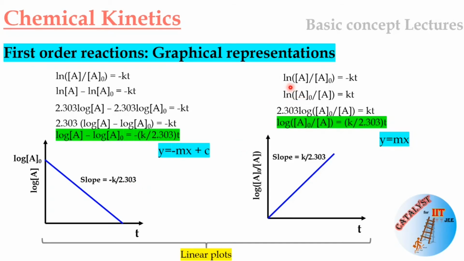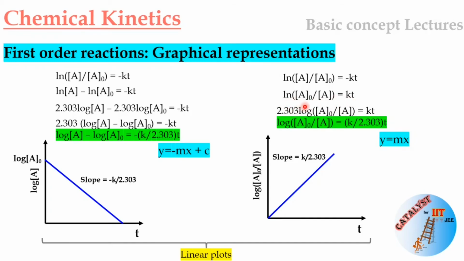Similarly, if you start from ln A by A naught equal to minus kt and reverse it to remove this negative sign, you get ln A naught by A equal to kt.